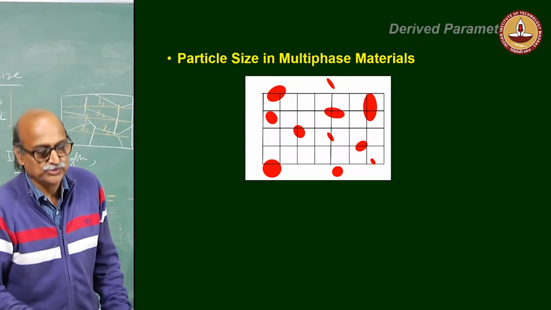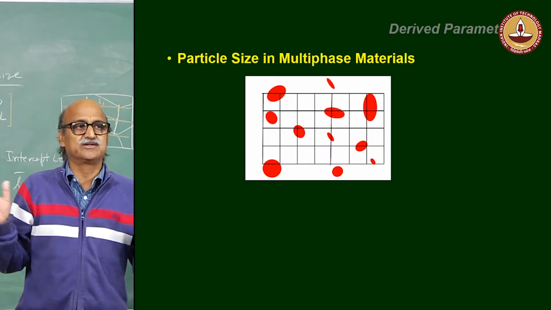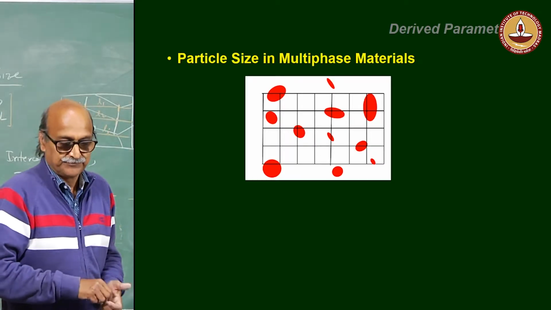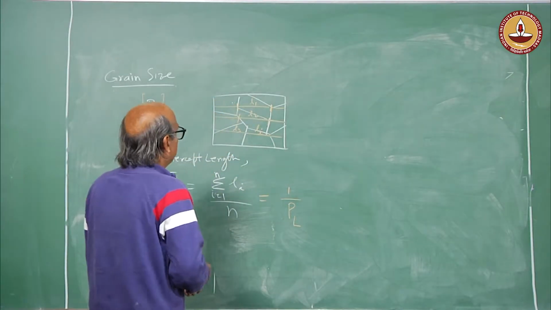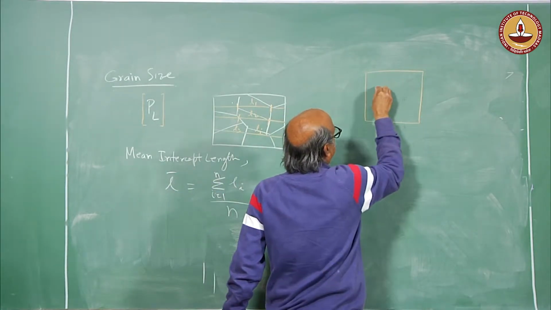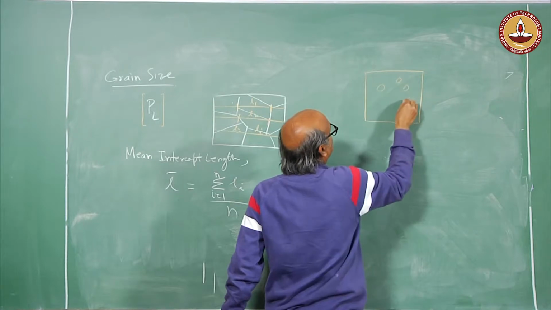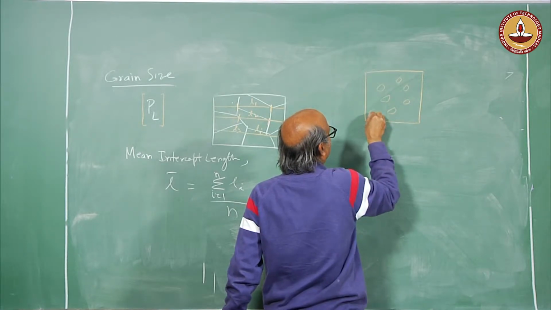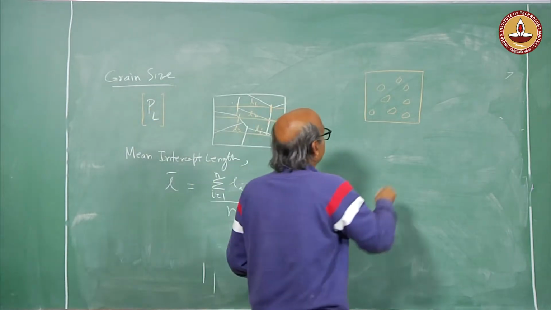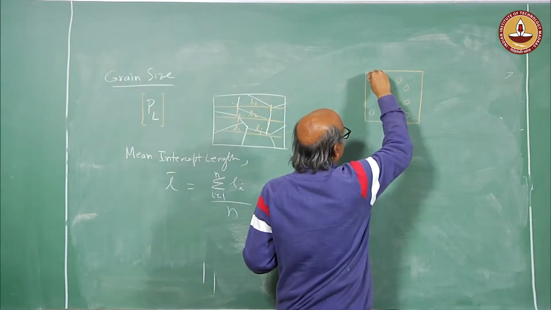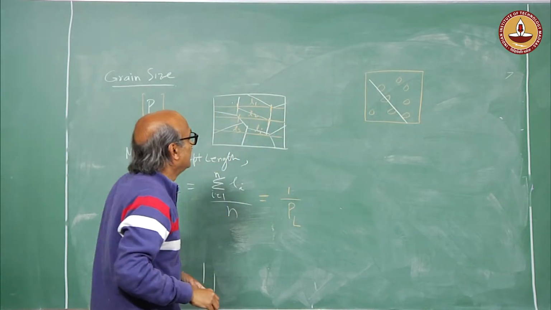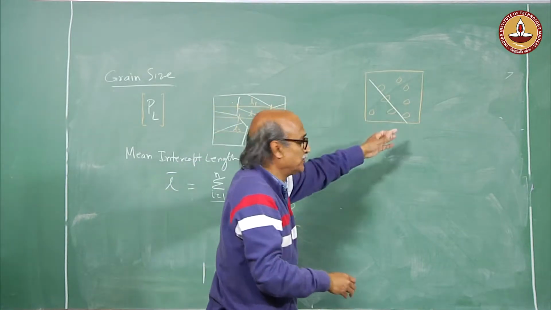Now, I would like to use the same mean intercept length for these particles. Okay. If I have particles and I want to get some kind of an average size for these particles, and these particles are of irregular shape, how do I do that? I can again put a grid of lines, or I can simply put one line.